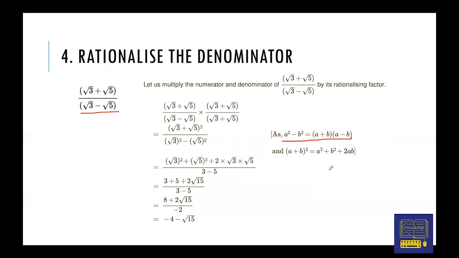Now, once these two equations are simplified, we arrive at 8 plus 2 into √15 divided by minus 2. Once you divide both the numerator and denominator by minus 2, we end up with the answer minus 4 minus √15. So that's how we solve a simple rationalize the denominator sum.